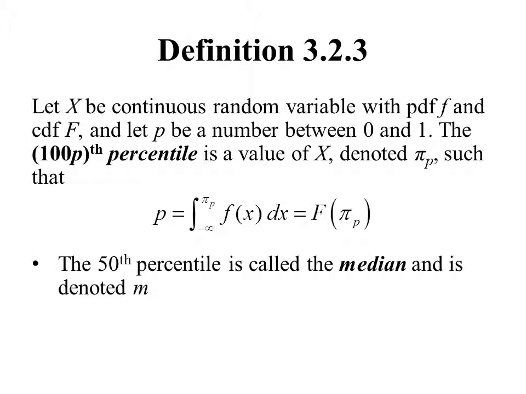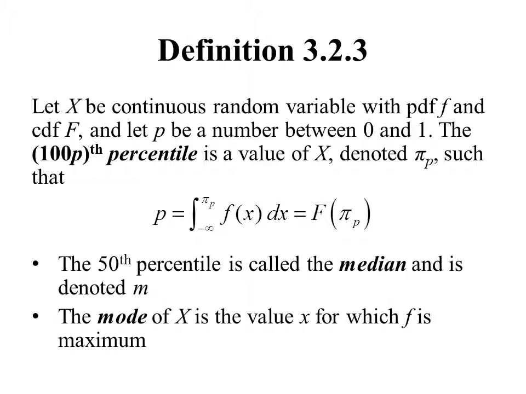Now the 50th percentile, corresponding to p equals 0.5, is given a special name called the median and is denoted m. A similar idea is the mode. The mode of a random variable x is the value x for which the PDF is maximized. In terms of the density curve, the mode is the location of the highest point on the density curve.